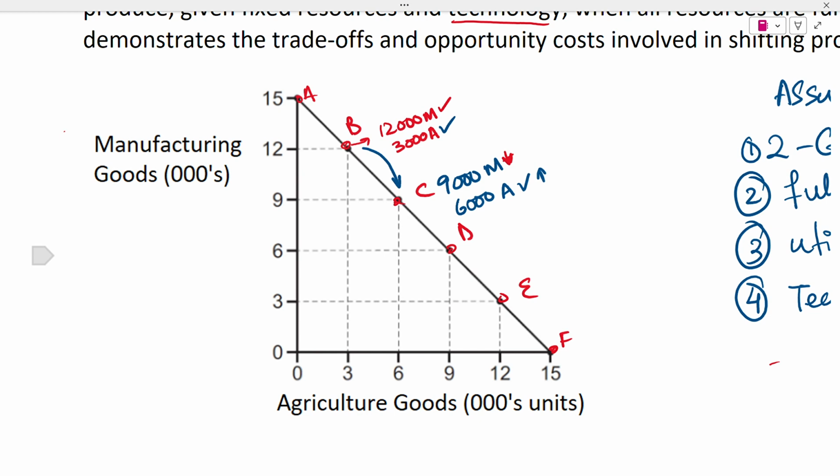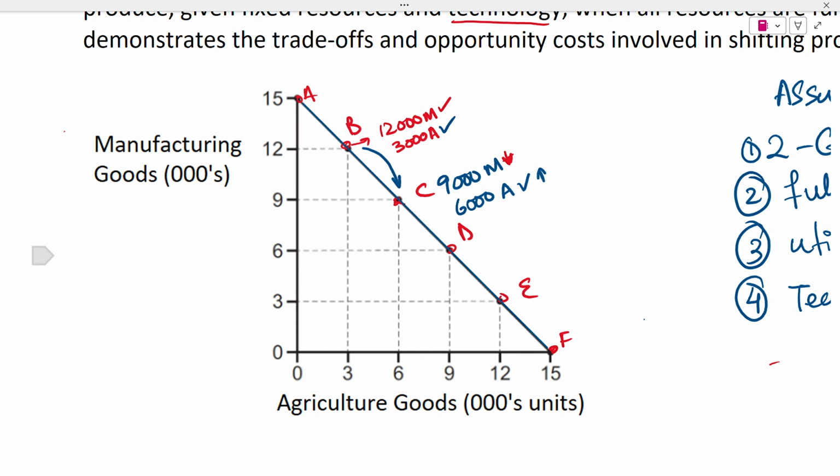In addition to that, the existence of this curve itself shows scarcity, because if there was no scarcity, then this curve would not exist. We could have produced any amount of the good that we wanted, but we are limited by our resources, and we cannot produce at any point outside the PPC.